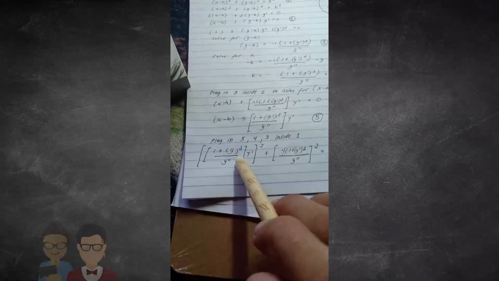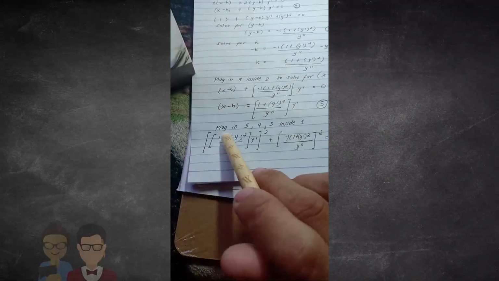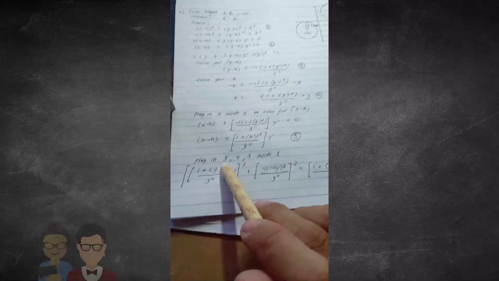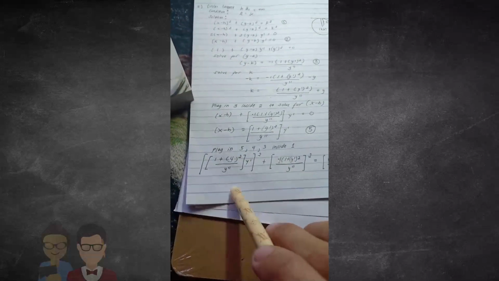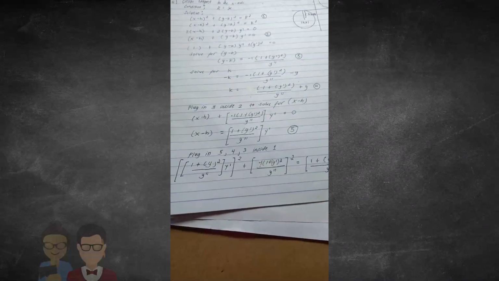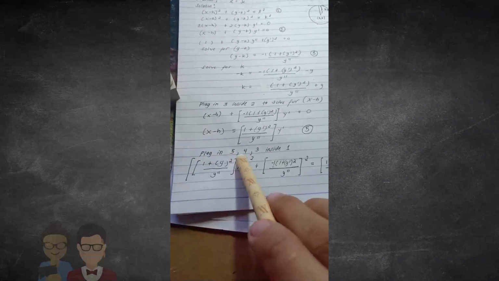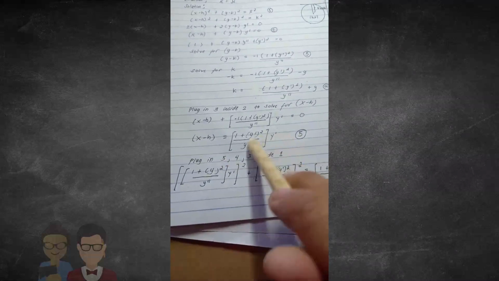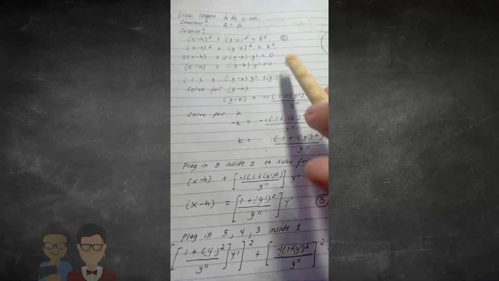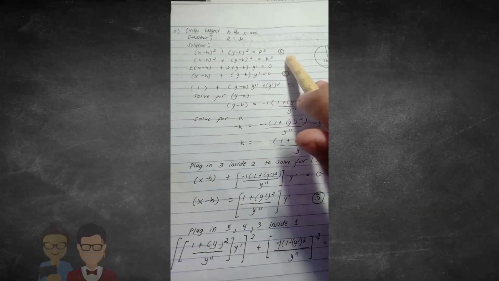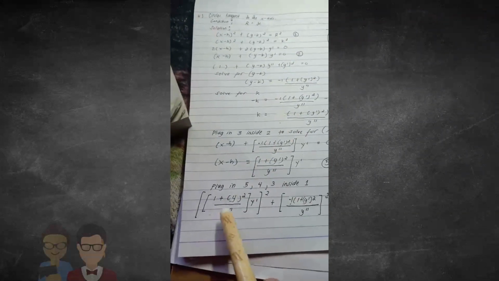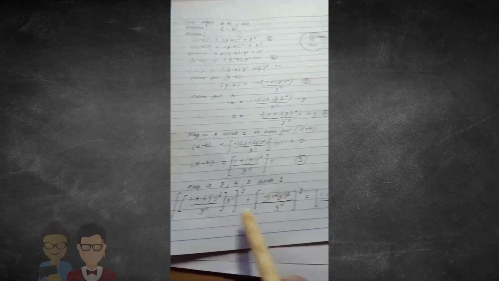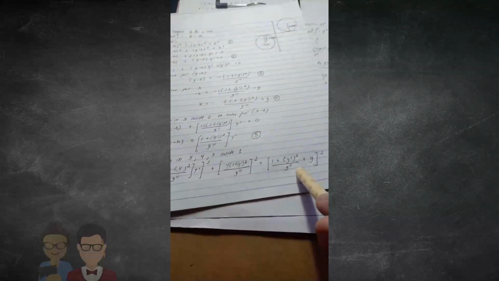Now, the most exciting part is when we are going to plug in the solved values for x minus h, y minus k, and k. It would be the equations 5, 4, and 3, and we will put it inside equation 1. So ito yung x minus h, y minus k, r squared.